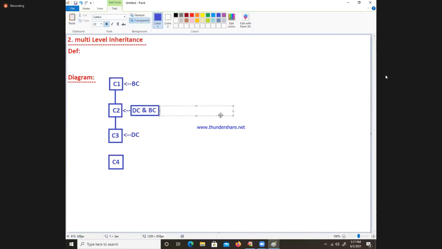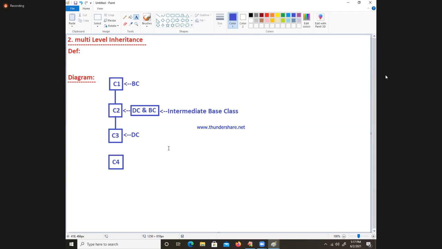Such a type of class is known as an intermediate base class. Are you understanding? One class is acting as both a derived class as well as a base class. It is known as an intermediate base class.